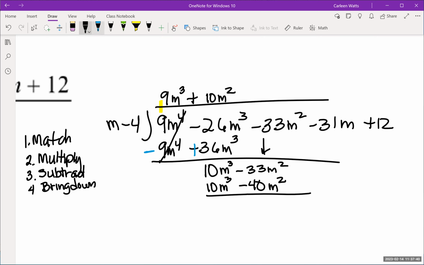Next step, subtract. Bam, those are gone. 7m squared. Bring it down. Minus 31m.